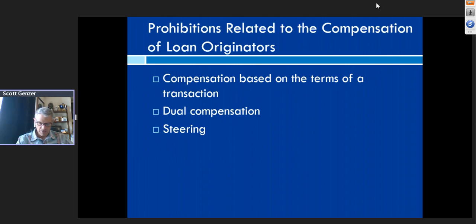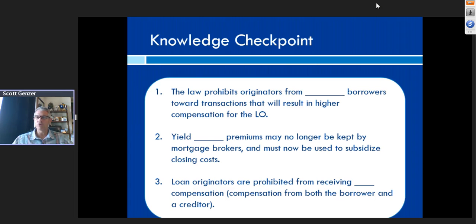All right, let's look here on page 330 at what Mortgage Pro is doing. Let's see if they're doing it right or not.